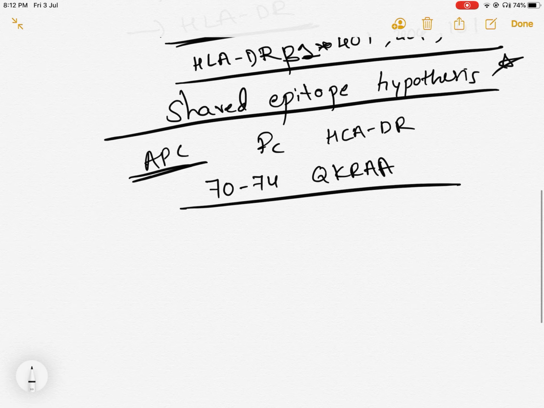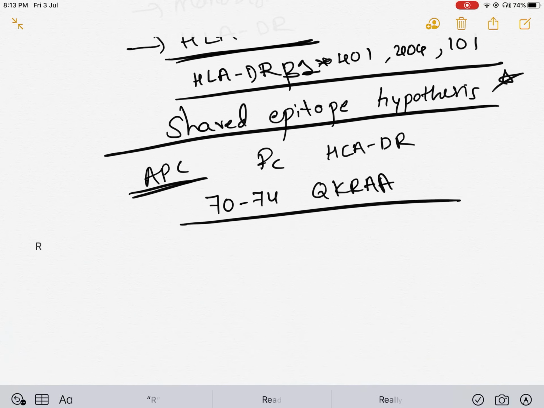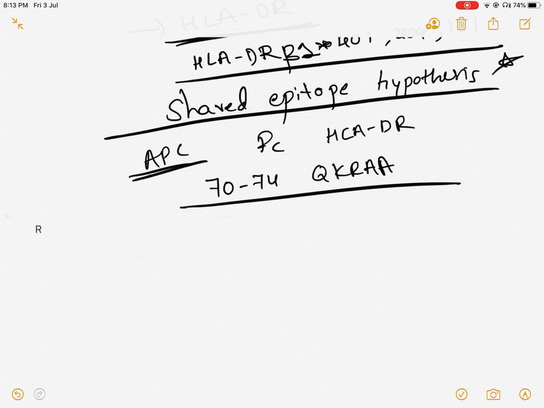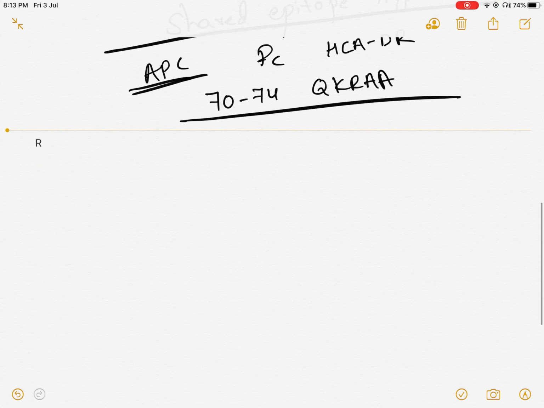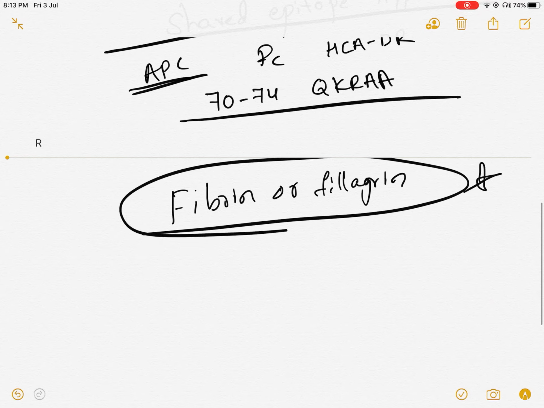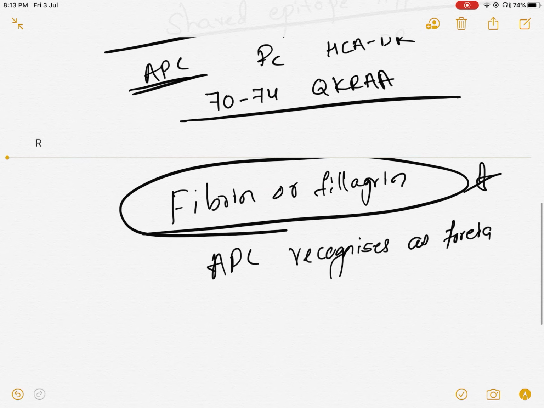This mutation, when it presents any antigen such as fibrin or filaggrin, modifies it in such a way that the antigen presenting cell recognizes them as foreign, as a result of which autoimmunity is triggered.